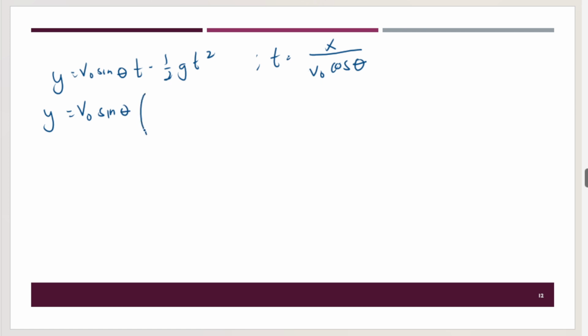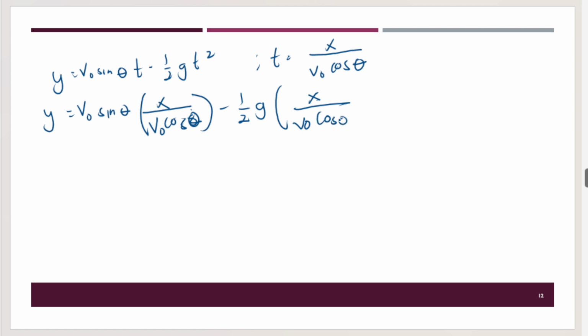Yung ating t ay x over v sub o cosine theta, minus 1/2 g, that is x over v sub o cosine theta squared. So, simplifying this one, ito makikita natin that sine over cosine is tangent. Tama ba? Pwedeng hindi na natin masyadong galawin yung mga 1 over cosine squared. Let's leave it as it is kasi mukhang mas madaling pindutin sa calculator, mas madaling ma-solve.